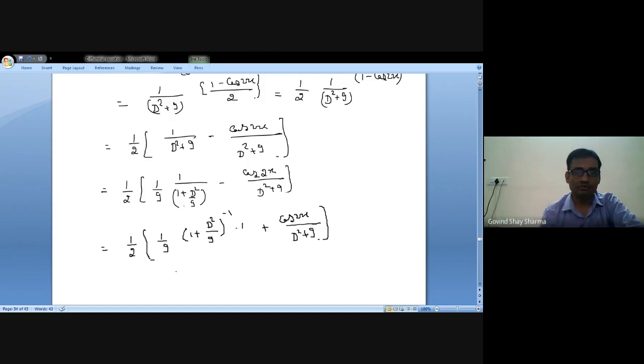Okay. Now open this, 1 by 9 into 1 minus. If all terms are 0, because the differentiation of a constant is 0, so we get only 0. And this is cos 2x.